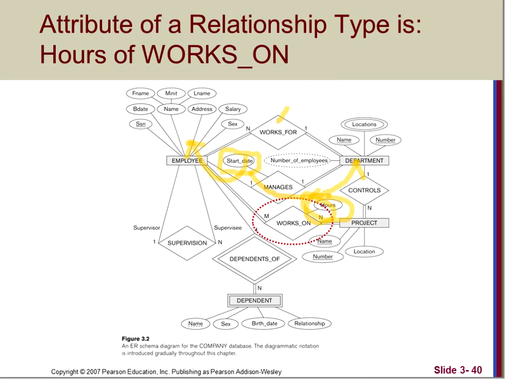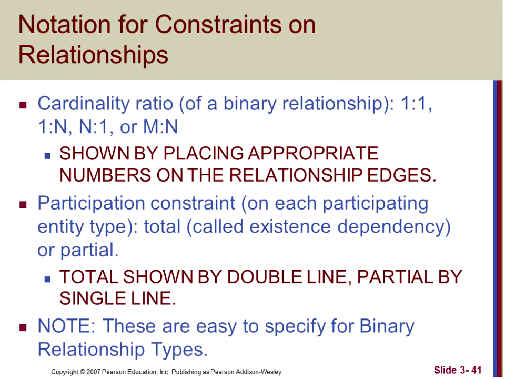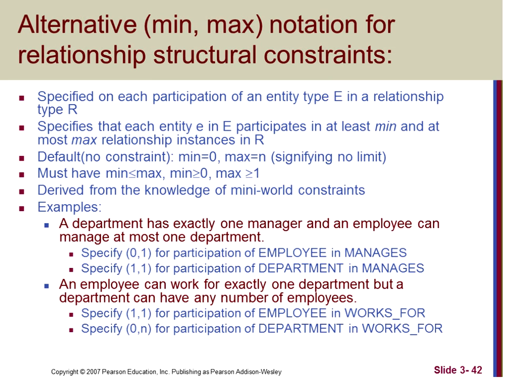Also, if you have the attribute in works for, this one can move to the one side. So that is the reason attributes on one-to-one or one-to-many are not very important, but attributes on many-to-many are very important when you design the database later. Okay? So that is the cardinality that you can identify.